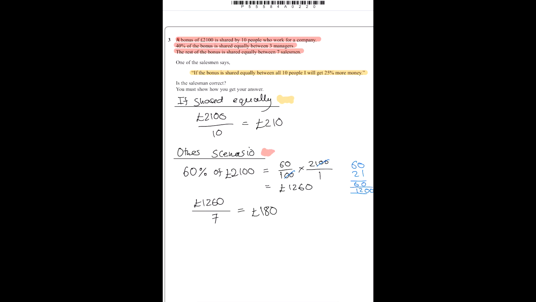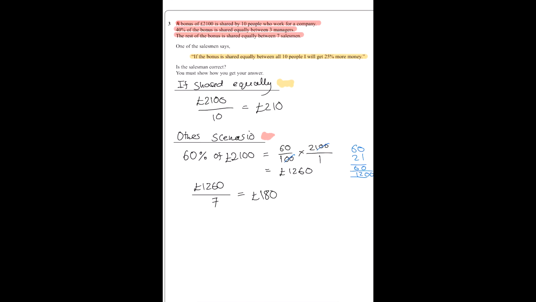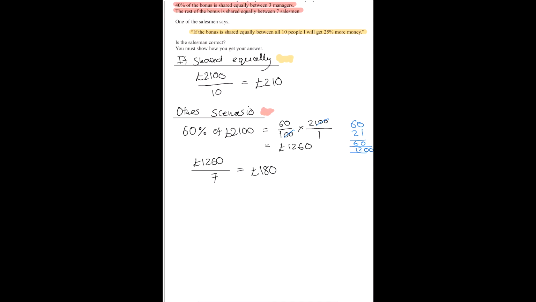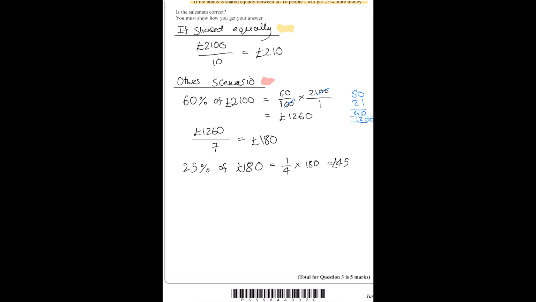Now what we can do is find 25% of this amount. 25% of 180 would be 1/4 times 180, which is £45.